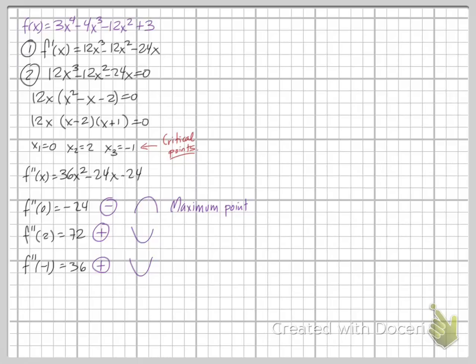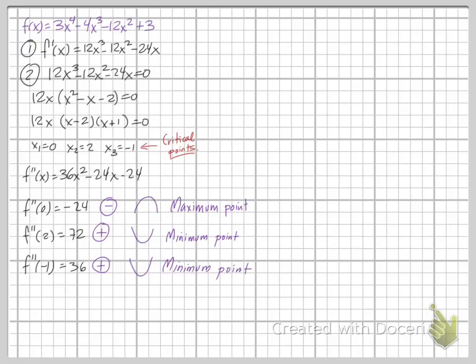Then in both of these cases, my second derivative is positive, so my function is concave up. I have a minimum point. You can see that from the shape of the drawing next to this. So it's a minimum point, and again I have a minimum point here.